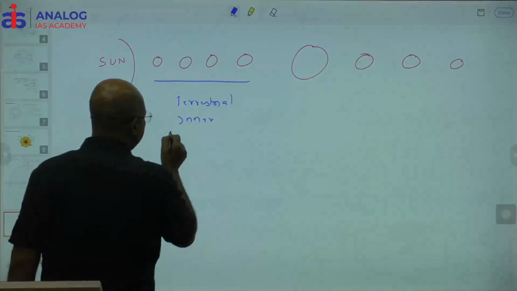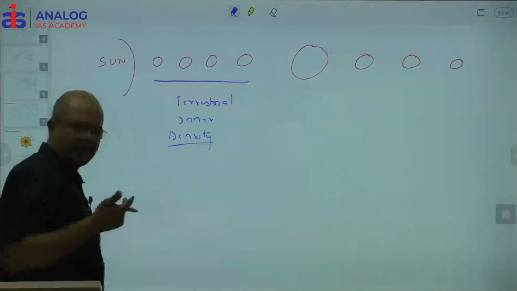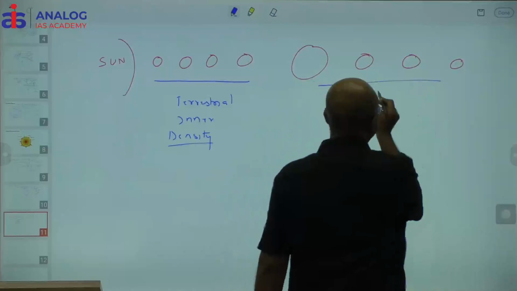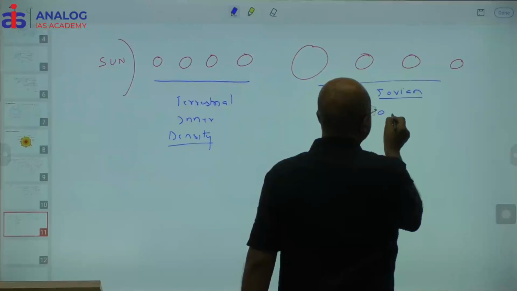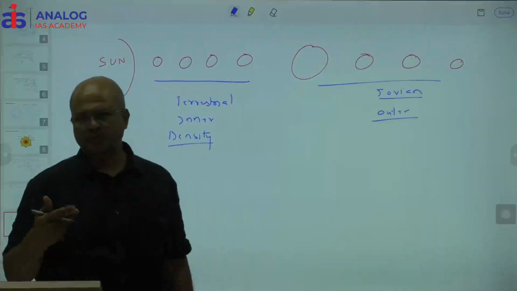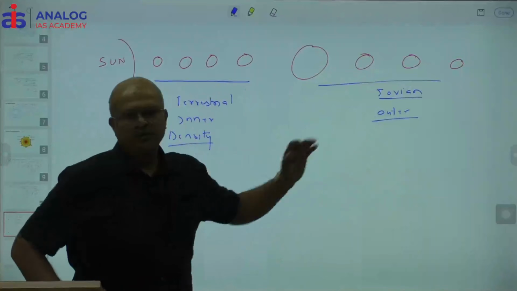They are solid in nature, having more density. And these are referred to as Jovian planets, or outer planets, less dense and gaseous, unlike the dense inner planets.